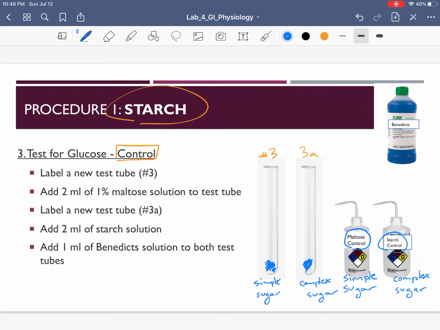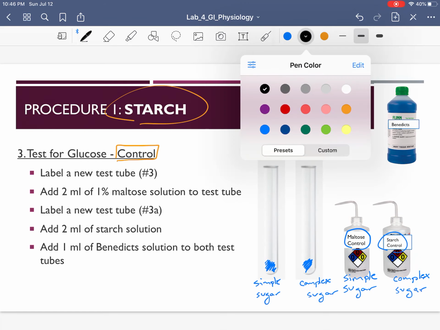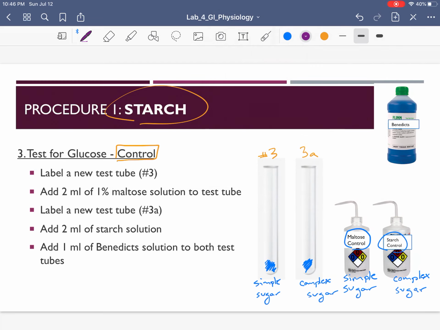We're going to add Benedict's, which is a reagent, to both. Benedict's is a reagent that tests for simple sugar or glucose. So we're going to add 1 ml of Benedict's to both test tubes.